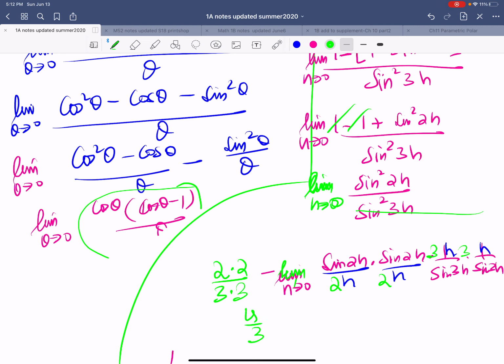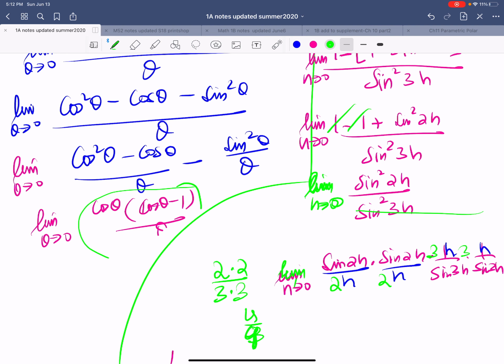That turns out to be 4/3. And did we have a negative here? No, that was just for the limit. So this limit turns out to be 4 over 2 times 2 is 4, 3 times 3 is 9. 4 over 9 is what the limit turns out to be.